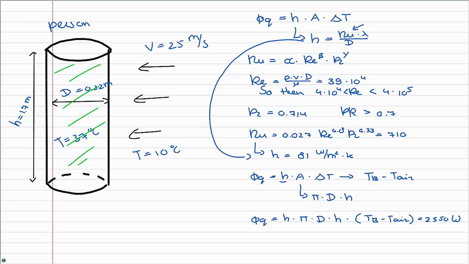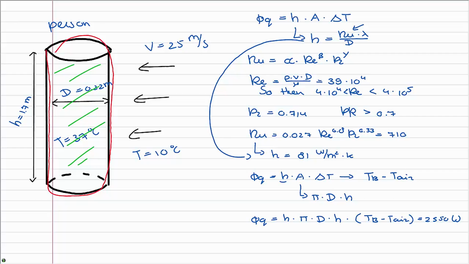well, this cylinder isn't really representing the person, of course, but the most important factor is the fact that the temperature of the skin of this person, so really this outer layer of the person, is not 37 degrees Celsius because he's wearing clothes, he has skin.